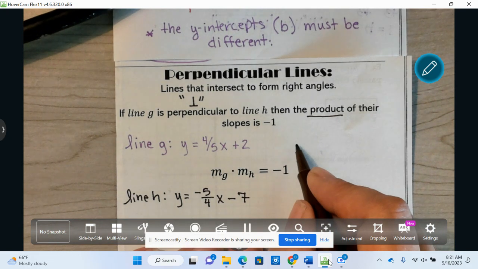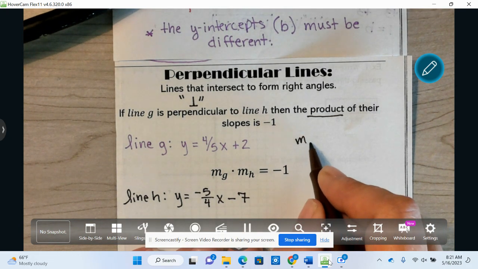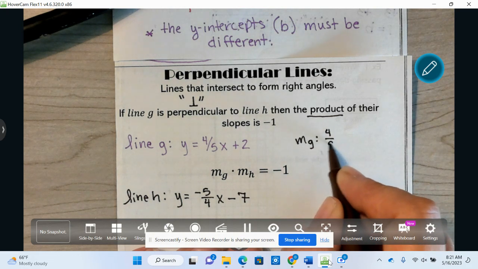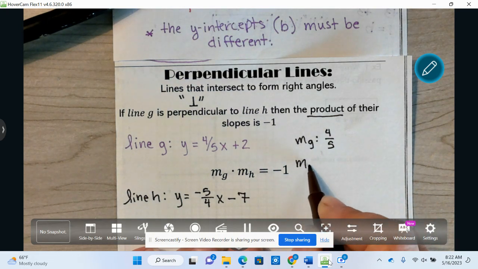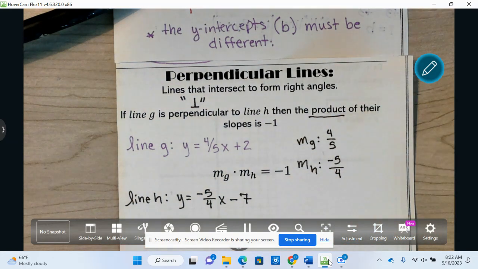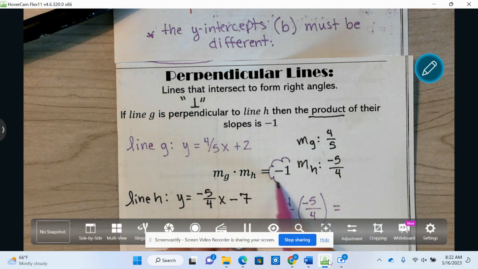So what is the slope of line G? It's 4/5. And what is the slope of line H? Yeah, negative 5/4. So if these two lines are perpendicular, I can take these two numbers and multiply them together, and I should get something that equals -1.